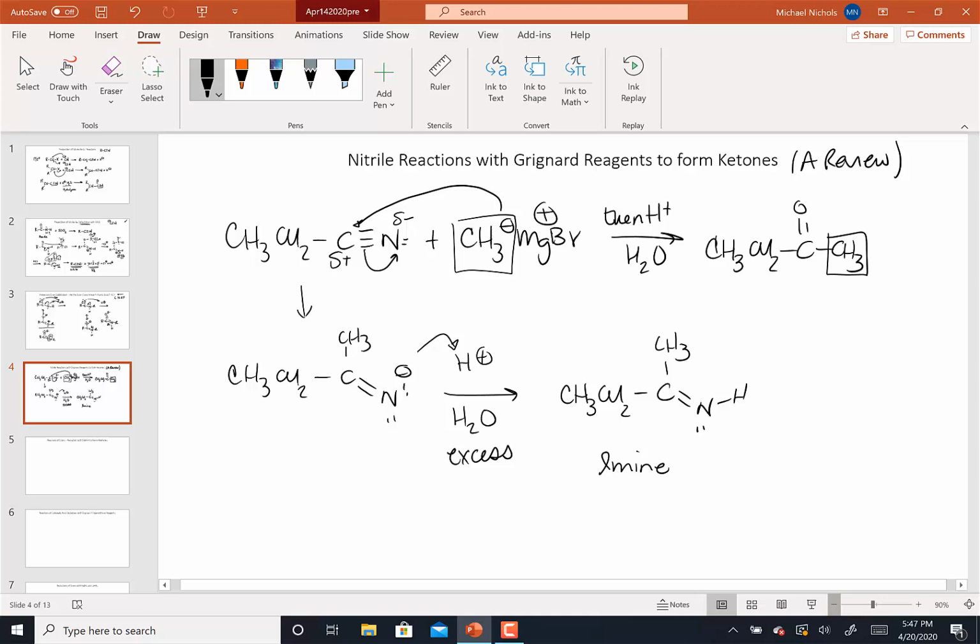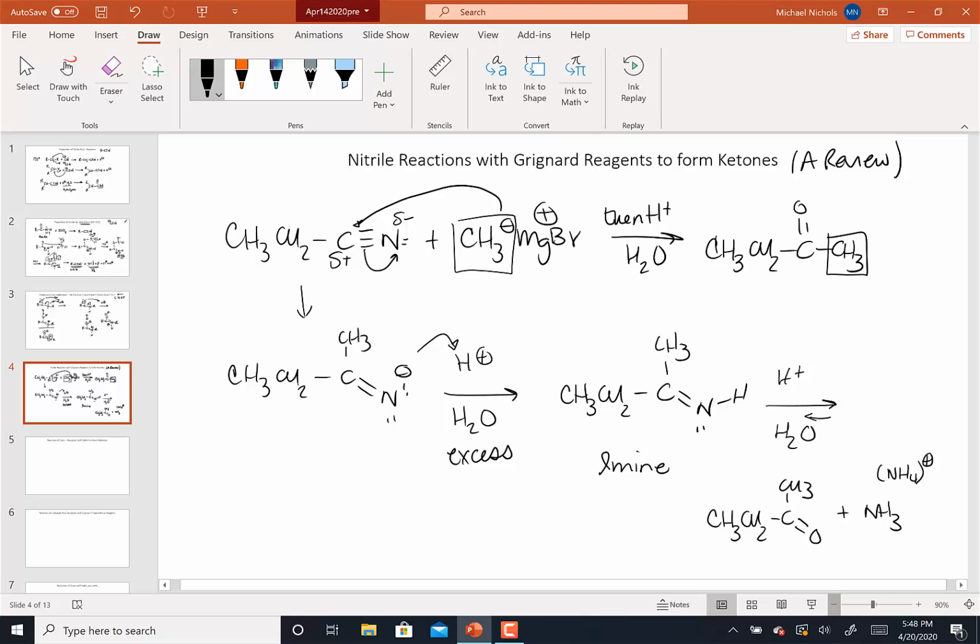Are imines stable? Nope, not in acid and water. And so the imine then further reacts with H plus and H2O. And remember, the imine is going to revert back to the ketone and ammonia. And in this case, the ammonia would be protonated by the excess acid, so it would form ammonium. Right?